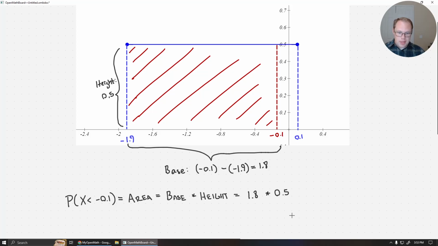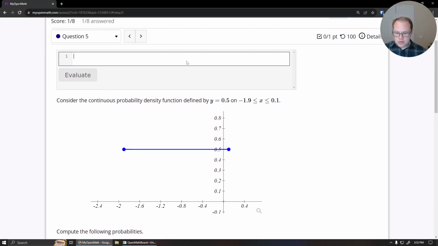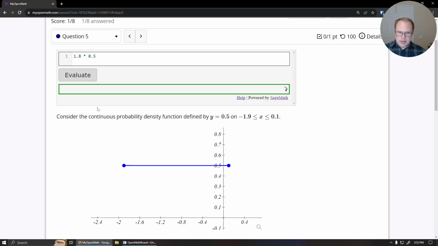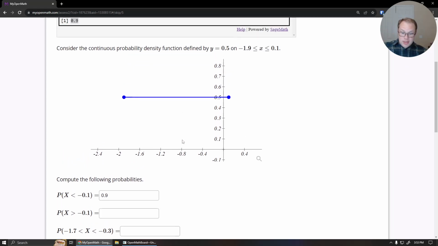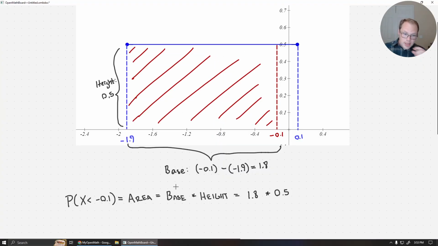I'm going to multiply those together to get my probability. So 1.8 times 0.5 gives me 0.9. Which means for whatever experiment this represents, there is a 90% chance that the outcome is smaller than negative 0.1.